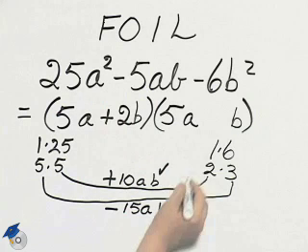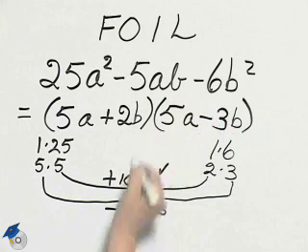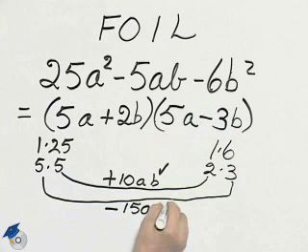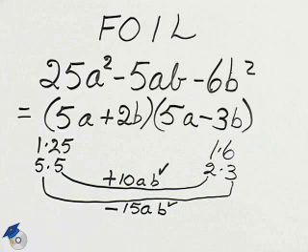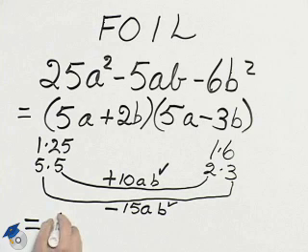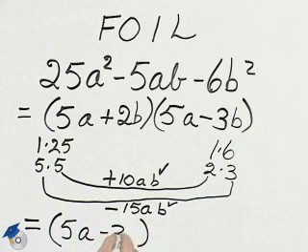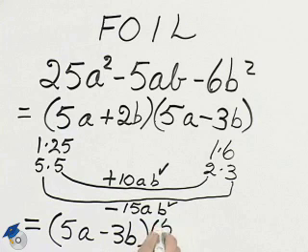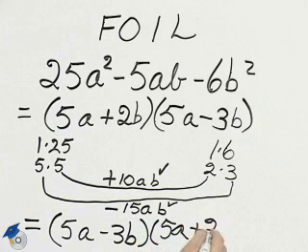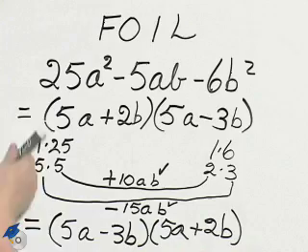If I write minus 3 back there, then I get my minus 15ab as the outside part of FOIL, and the problem is factored. If you check that in the back of the book, sometimes they did use the commutative property. They might have written the 5a minus 3b first and the 5a plus 2b second, but either way is the same.